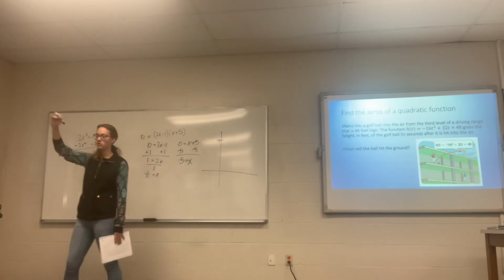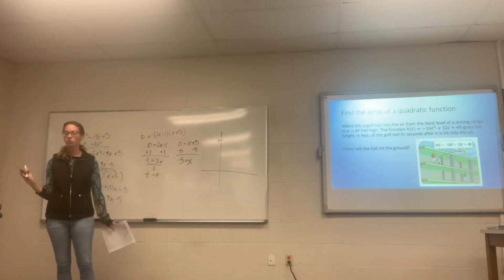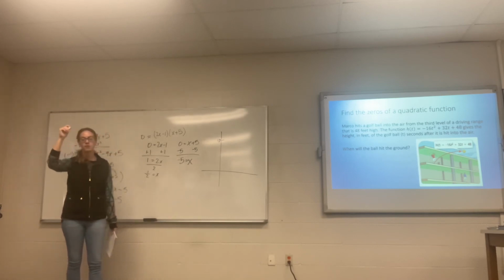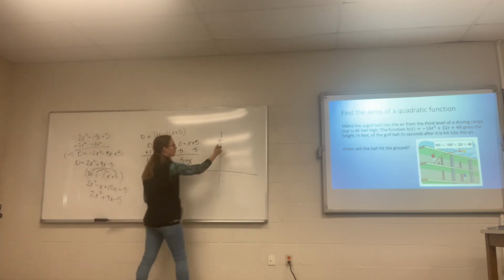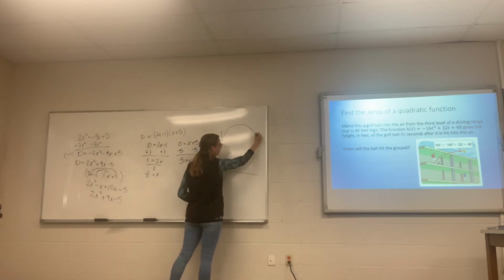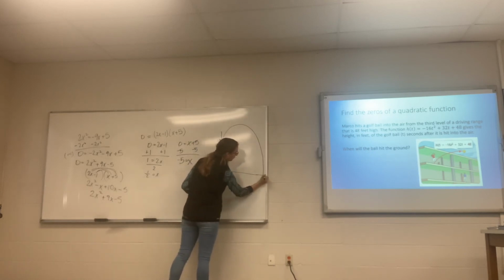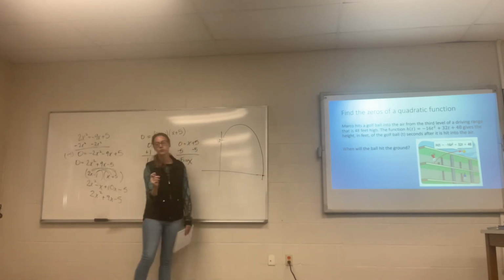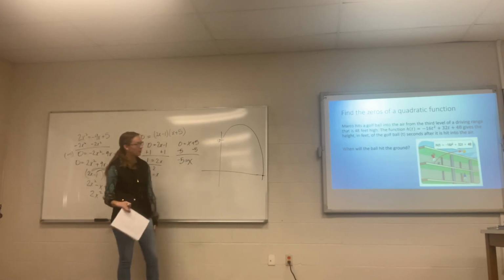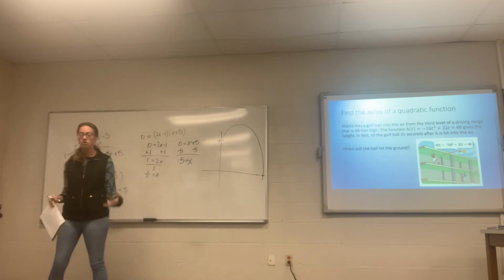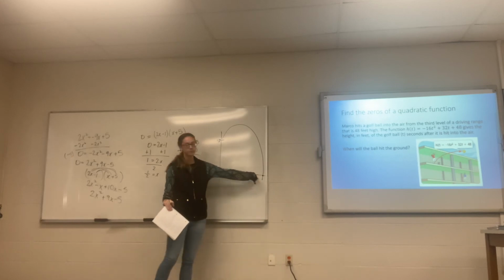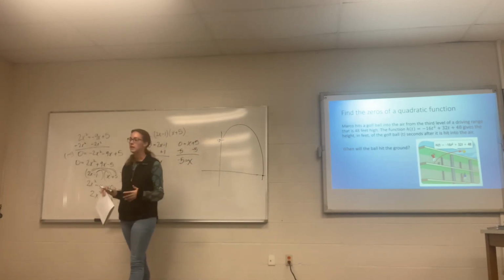So he's up all these levels at some Top Golf or wherever he is, 48 feet from the ground, hitting his golf ball from up here. Then the golf ball is going to come up in the air, but eventually it's going to come all the way down and hit the ground. We're trying to figure out when the ball is going to hit the ground. That's going to be this point right here, and it looks like it's going to be an x-intercept.